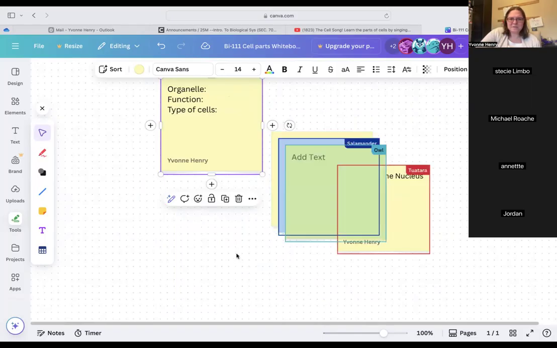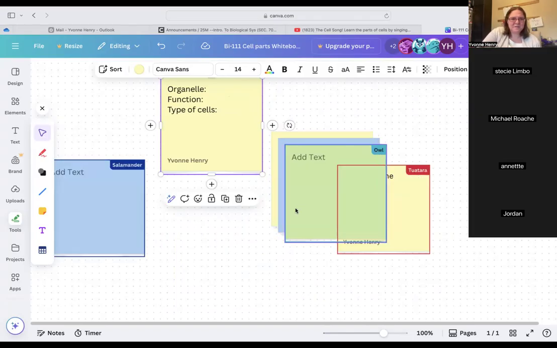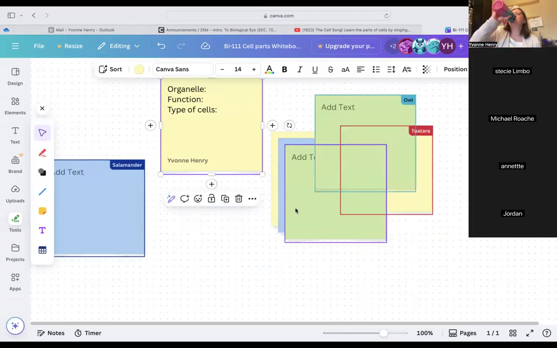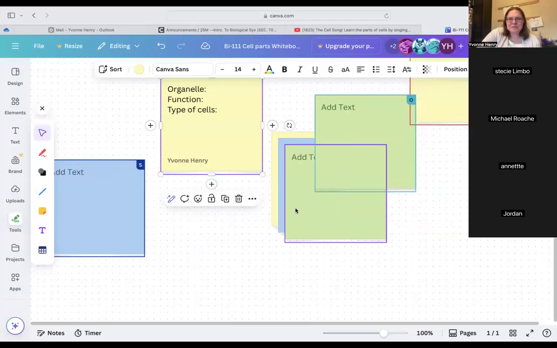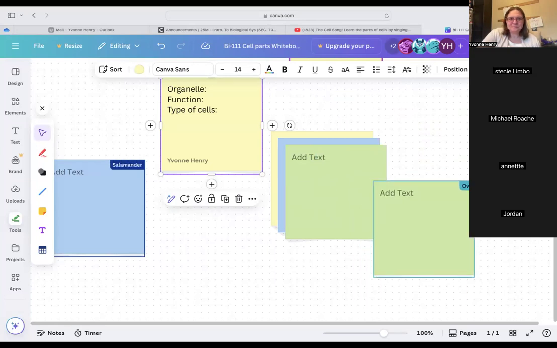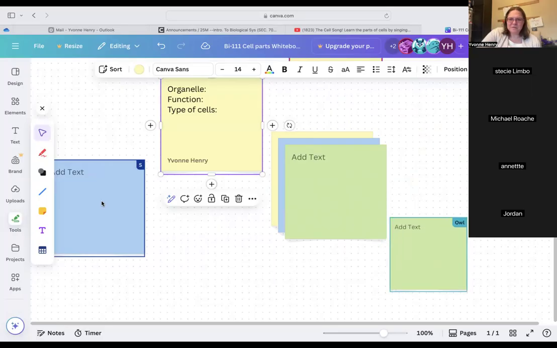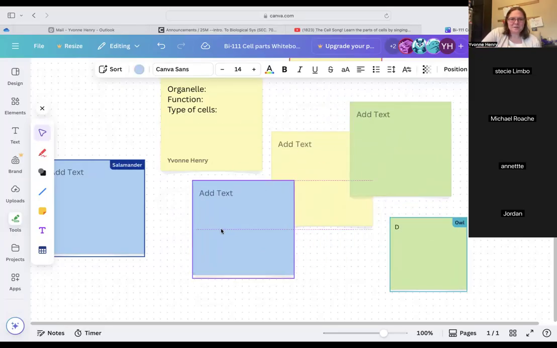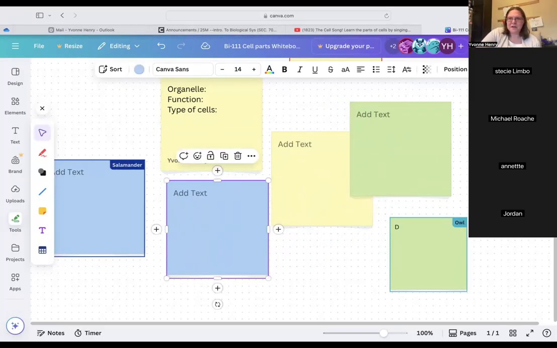It's anonymous, so you can kind of change it up if you want. And you're allowed to use the information from your notes. You can write about an organelle that we've covered this morning or one that's coming up later in the lecture. I just want to use this to make sure everybody's still with me and awake and engaging.